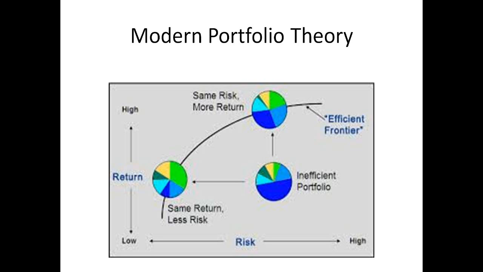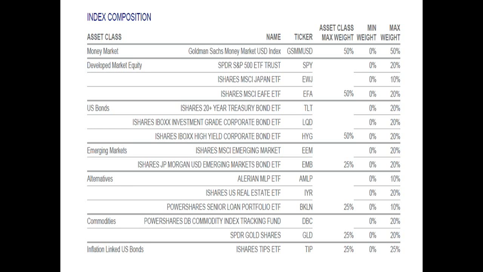An inefficient portfolio of investments is shown right here in the center. The modern portfolio theory looks to find the same risk but a higher return, or the same return with less risk. The Momentum Builder product does this over 7 different asset classes, not just several different types of stocks.